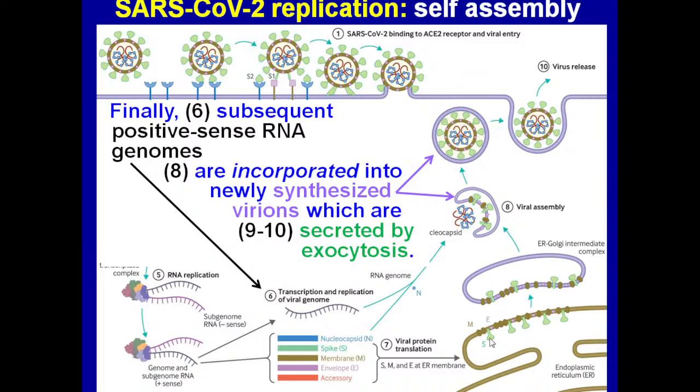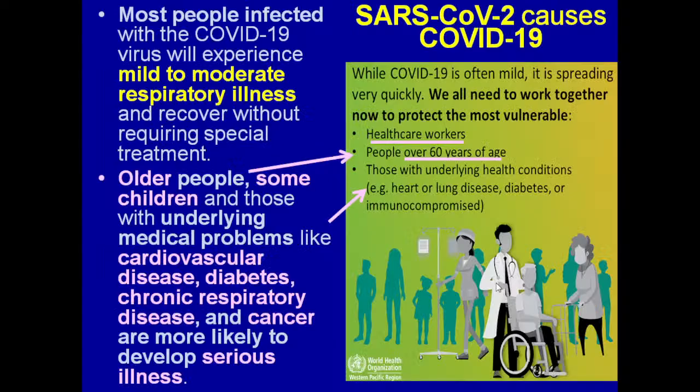See? So the membrane envelope and S proteins are incorporated into the ER membranes, but not really cell membranes. And then the fully assembled virus particles will be secreted by exocytosis mainly. That is the way of virus replication.